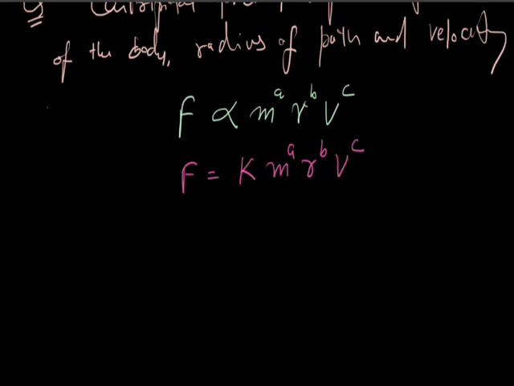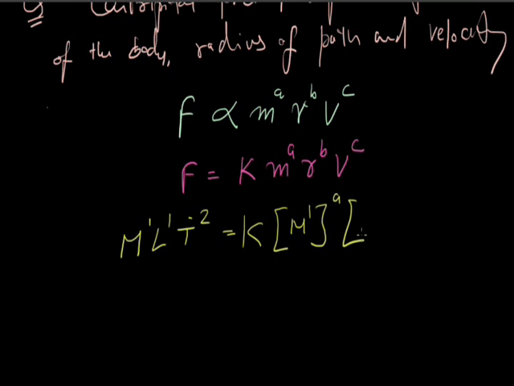It will be m1 L1 t minus 2. Now K is constant. Dimension of mass is m1 only, A. Dimension of radius is L1 only, it is B. And dimension of velocity is L1 t minus 1, C.